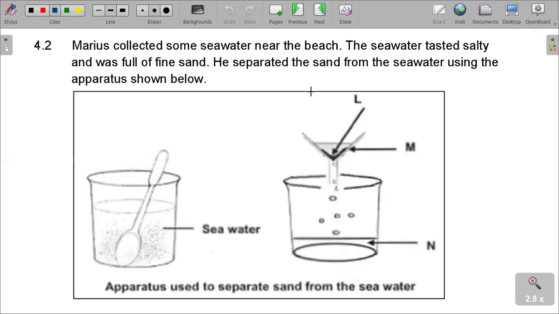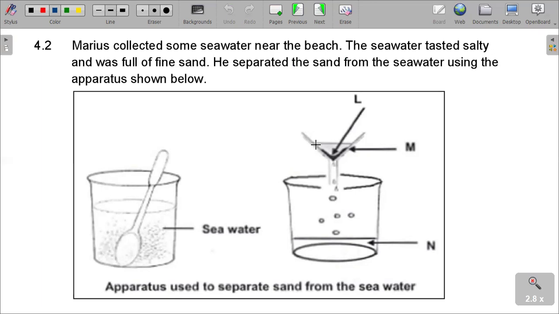Marius collected some seawater near the beach. The seawater tasted salty and was full of sand. He separated the sand from the seawater using the apparatus shown below. So we need to understand what that is.